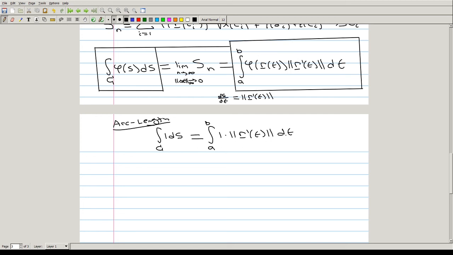This is how we defined arc length. So the line integral is just a generalization, like I said before, of the arc length integral. It's a very nice generalization because it allows us to do a lot of different things.